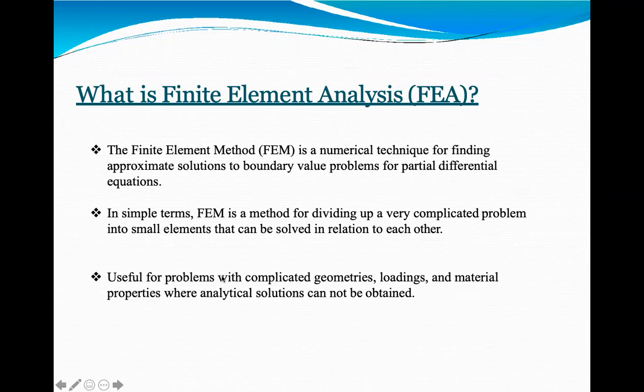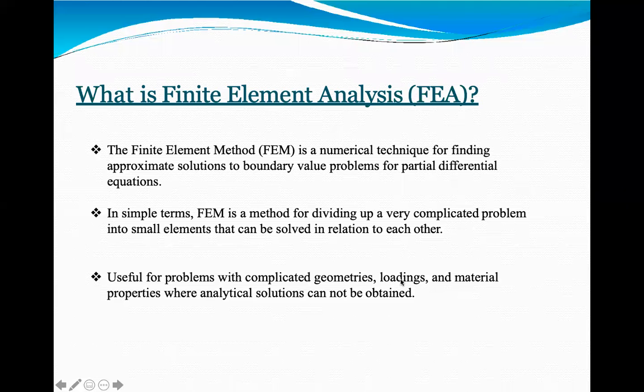But whenever the geometry or the structure is complicated, so the cross sections are not simple like circular, square, rectangular or I section, and we have complex cross sections or a complex assembly, in that case we will be using finite element analysis.